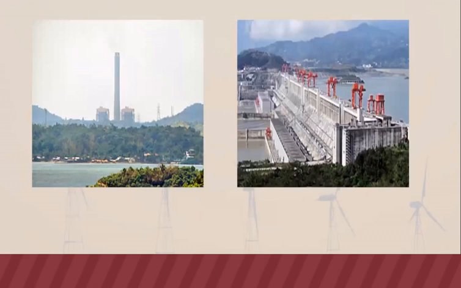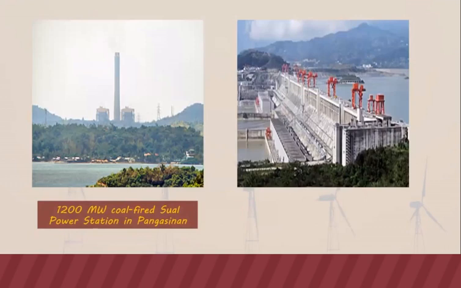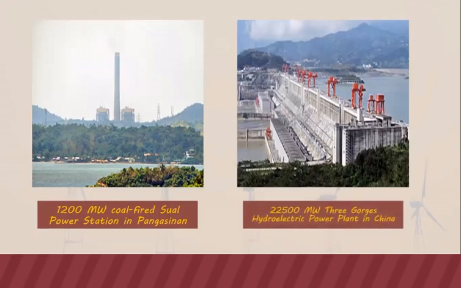We also have the largest power plant in the Philippines, which is the coal-fired Sual power station in Pangasinan. That is 1,200 megawatts. So this is an enormous amount of power compared to what we calculated. And the last one is the Three Gorges hydroelectric power plant, which is the largest power plant in the entire world, which can produce 22,500 megawatts of electricity. So that's an enormous one.